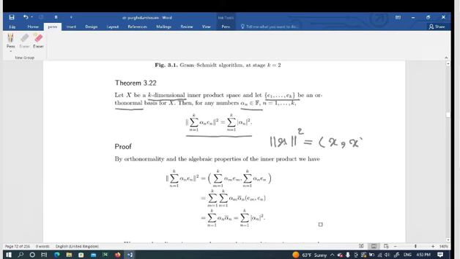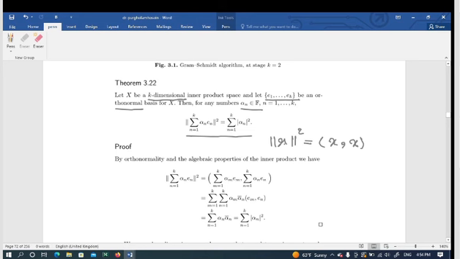And here the method of proof is based on this equation. The norm of this vector to the power 2 equals the inner product of this vector with itself.